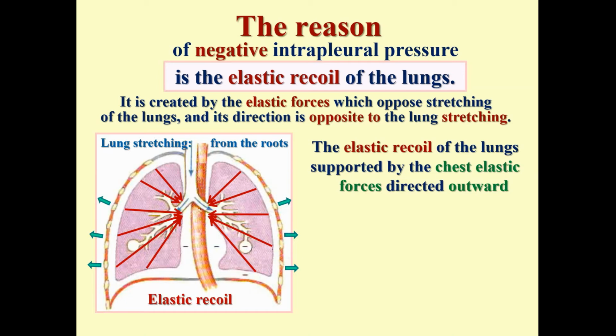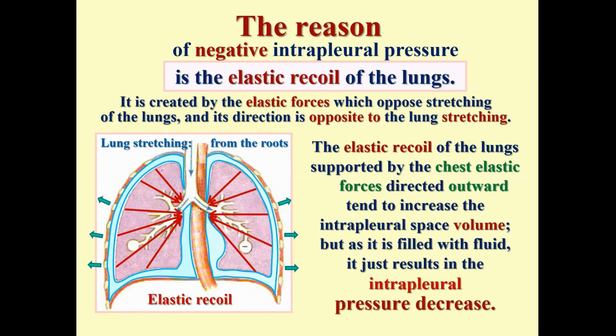And also the elastic chest forces try to pull the parietal pleura out from the visceral, from the lungs, and they pull in opposite directions. So both forces, predominantly the elastic recoil, of course, tend to increase the volume of the intrapleural space, but as a volume increase is impossible, it results in a decrease of pressure.